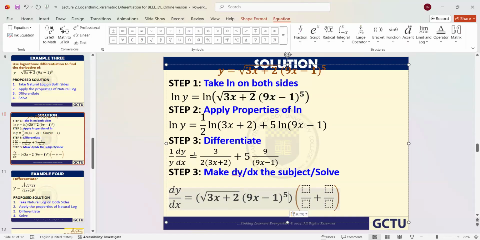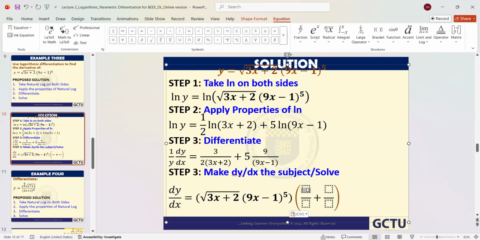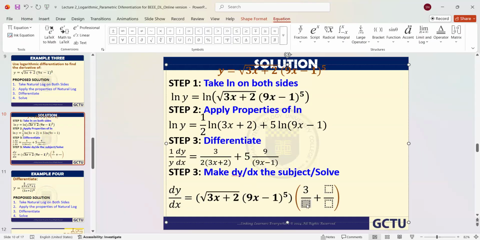Then I'm going to repeat these values that I have inside the brackets here, and then I'm done. That's your differential. Here, the numerator is going to be 3. The denominator is supposed to be 2 into brackets. If you want to simplify, you can expand, but we are more interested in the result of the function.